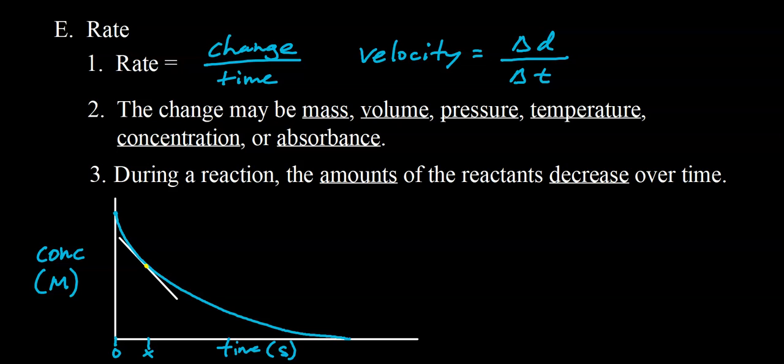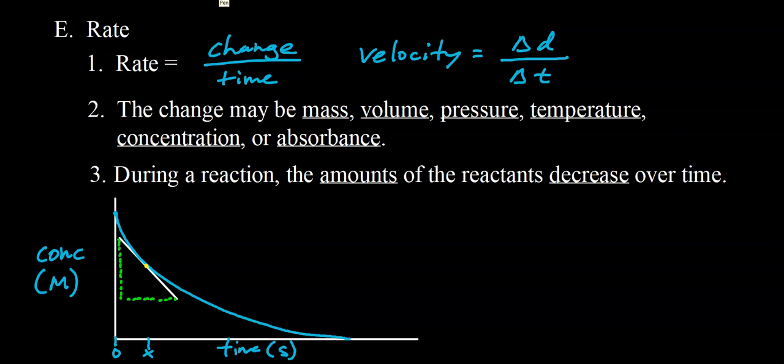So again, we can calculate, here, I'm going to show in a different color, change in Y over change in X, and that will give us our slope of that line. Now, what do you notice about the slope of this line?